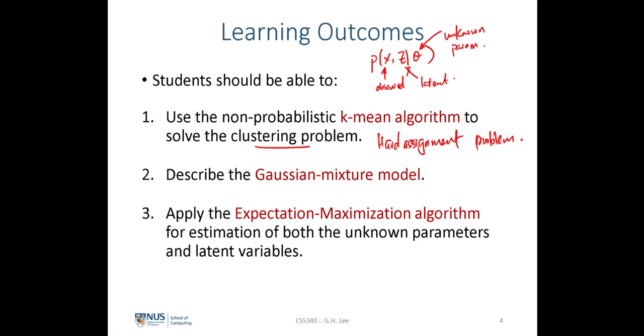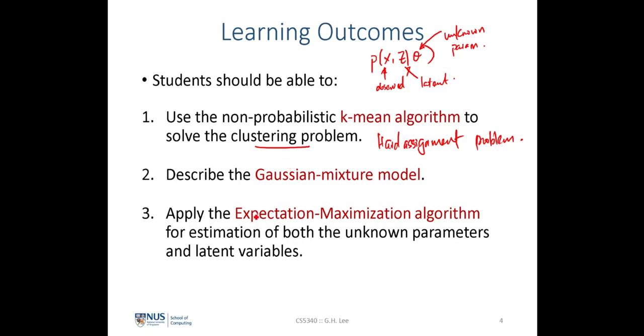Then, before we look into the expectation maximization algorithm, we'll look at the definition of a Gaussian mixture model, which can help us formulate or model the clustering problem.